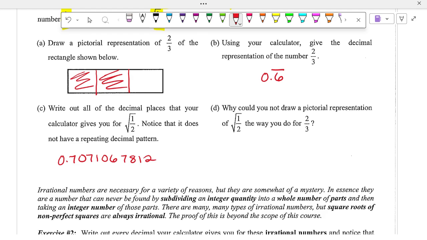Now, why could we not draw a pictorial representation of the square root of 1/2? Logically speaking, if you were given that number, what would I typically ask you to do? Round. So in other words, it would not be exact.